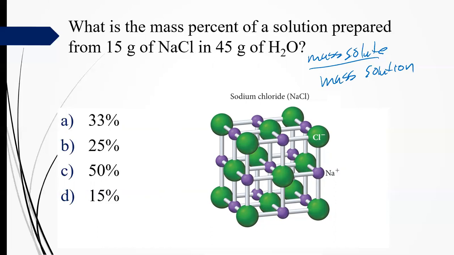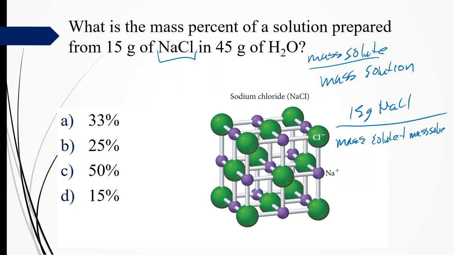So between NaCl and H2O, we want to think about which one is the solute. So our solute is our NaCl, so that's going to be our 15 grams. And then we want the solution. Now, a common mistake is that people just use the water as that bottom part. But our solution isn't just the solvent. Our solution should be the mass of the solute and the mass of the solvent.